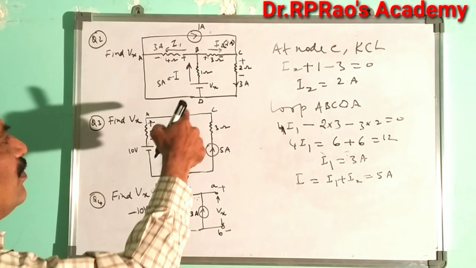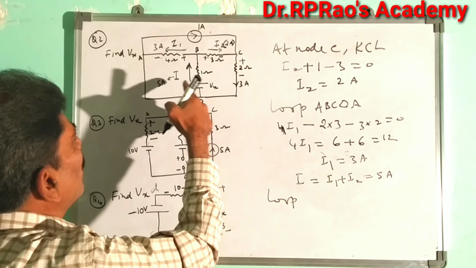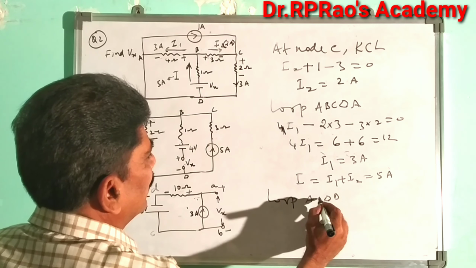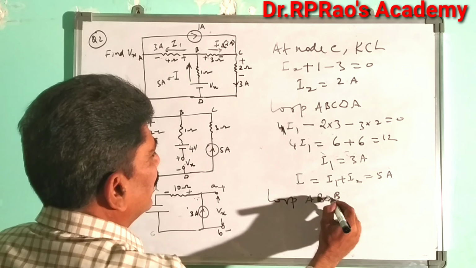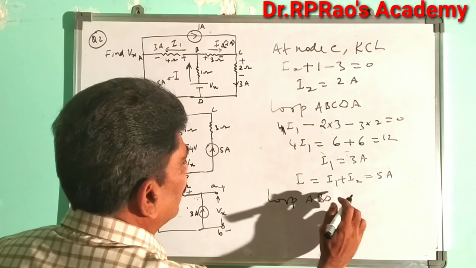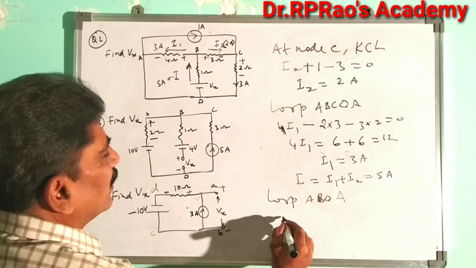Now to find Vx, apply KVL to the loop ABDA. AB, rise in potential. So 4 into 3.